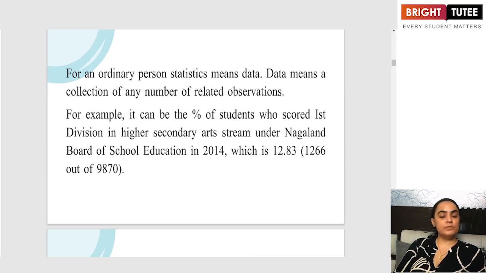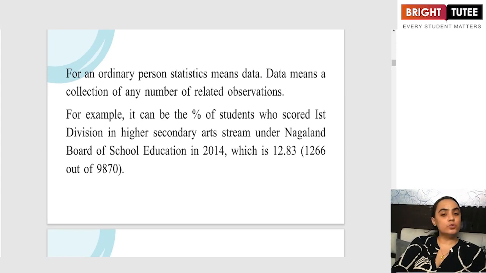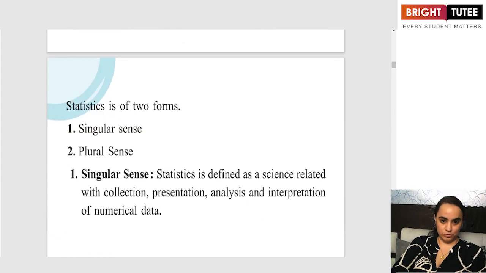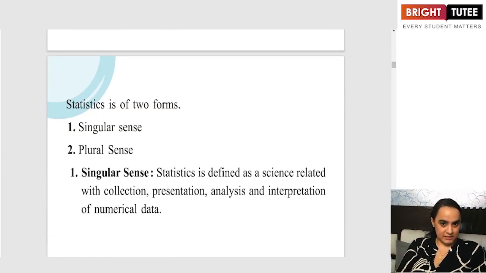Another example which is given in your book, the percentage of students who scored first division in board exams in the arts stream were 12.83, that is 1266 out of 9870, right? So this is statistics. When you are able to express something with the help of data, that is statistics.